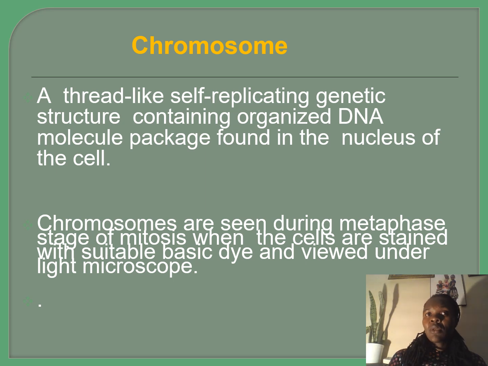The genes are hosted by the chromosomes. There are several hundreds and thousands of genes on a chromosome. So that is what we saw yesterday. The molecule package is found in the nucleus of the cell. We said the nucleus has almost 90% of the DNA, and the nucleus's role is that it controls all the activities in the cell.